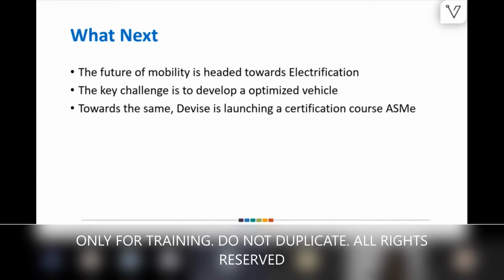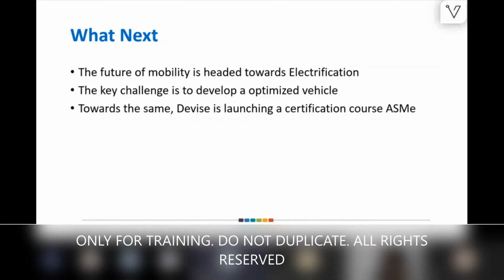First of all, you coming out in large numbers for the webinar proves that the future of mobility is headed towards electrification, and the key challenge is going to be to develop an optimized vehicle.